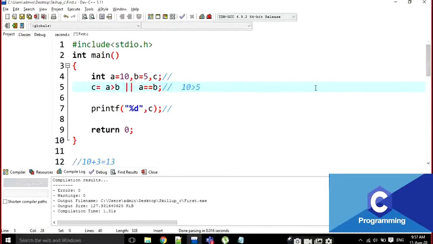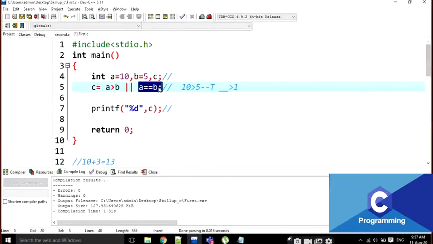It returns true, and that means the output is 1. Why? Because in a logical OR operation, if any statement is true, the total condition is true. That's why it stops at this position and returns true. It never executed this one.